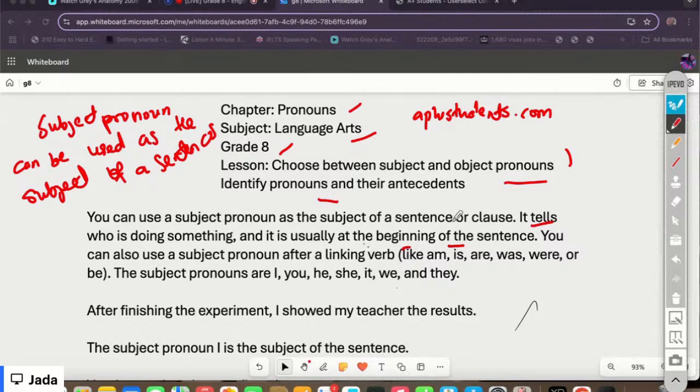Okay. So you can also use a subject pronoun after a linking verb like am, is, are, was, were, and the rest of them.